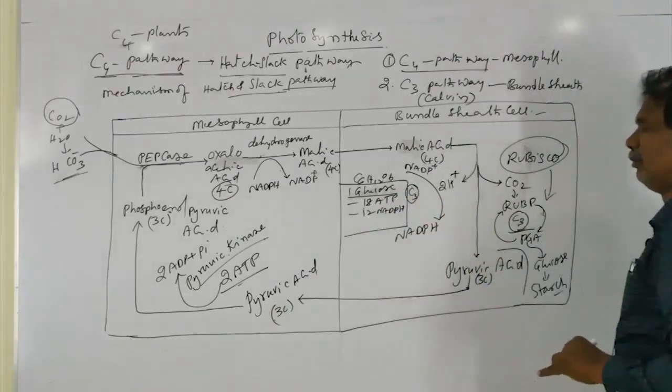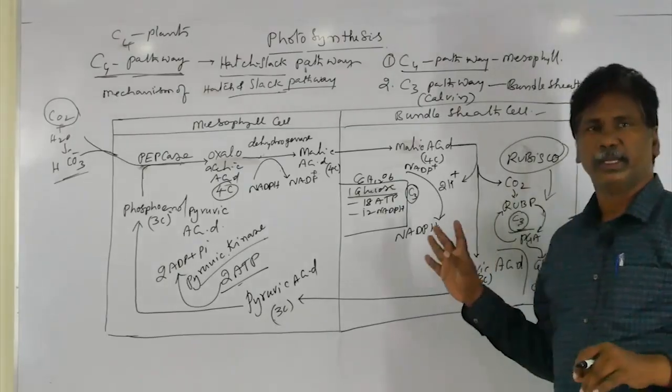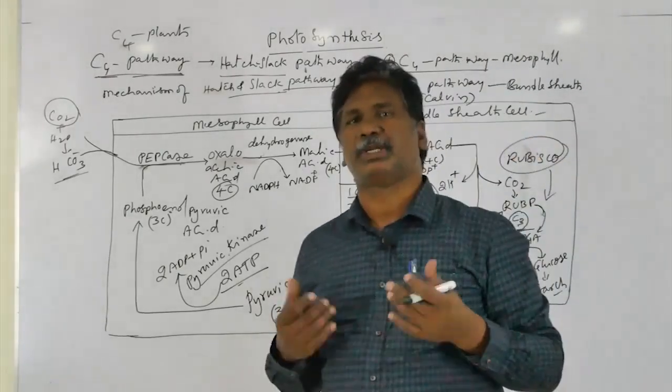But in the C4 pathway, how many NADPH are additionally required?